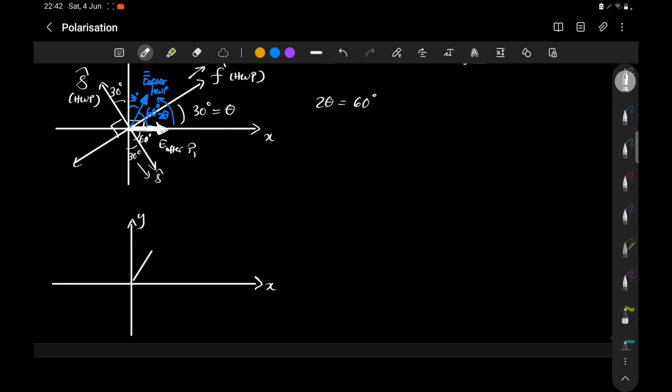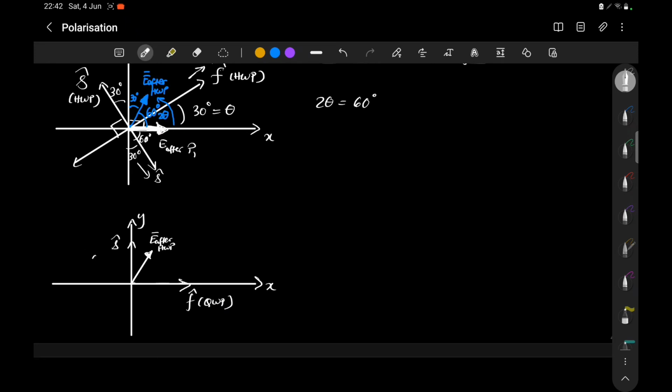The incoming field for the quarter wave plate is the field after the half wave plate, and the fast axis is along the x-axis. So this is the fast axis for the quarter wave plate, and thus the slow axis will be along the y-axis.